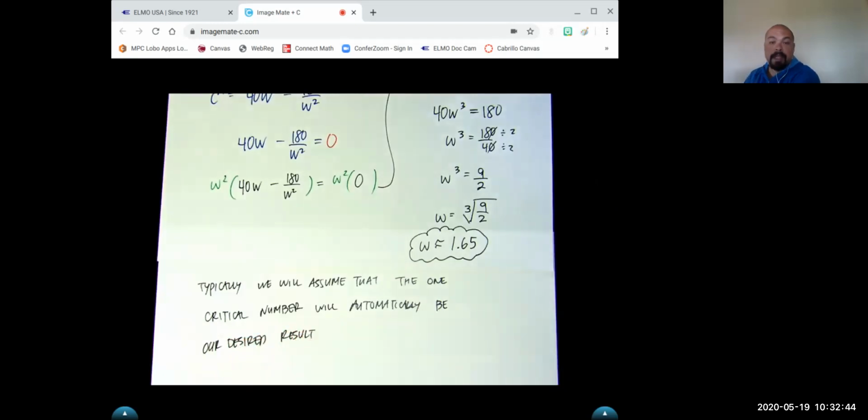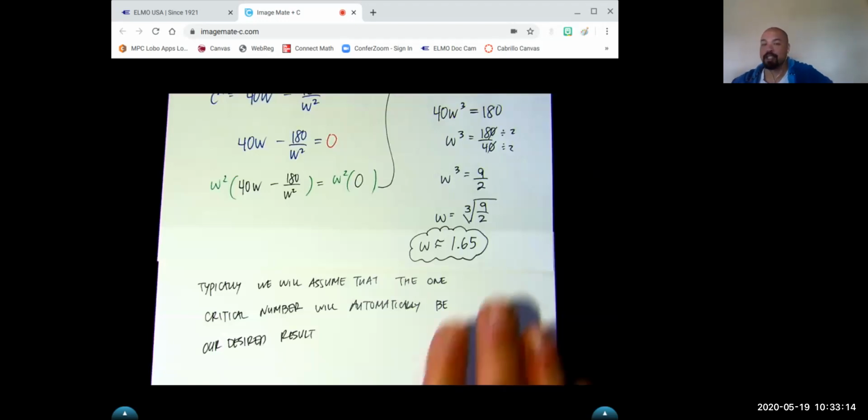That's going to be the value that's going to maximize or minimize without even really double checking. I think we did get two yesterday with that 3 halves, I was thinking about my example. But if we get just one critical number, we're going to assume automatically that that's the one that's going to give us our optimized quantity, whether it be the minimum cost in this case, maximum volume, whatever it is.